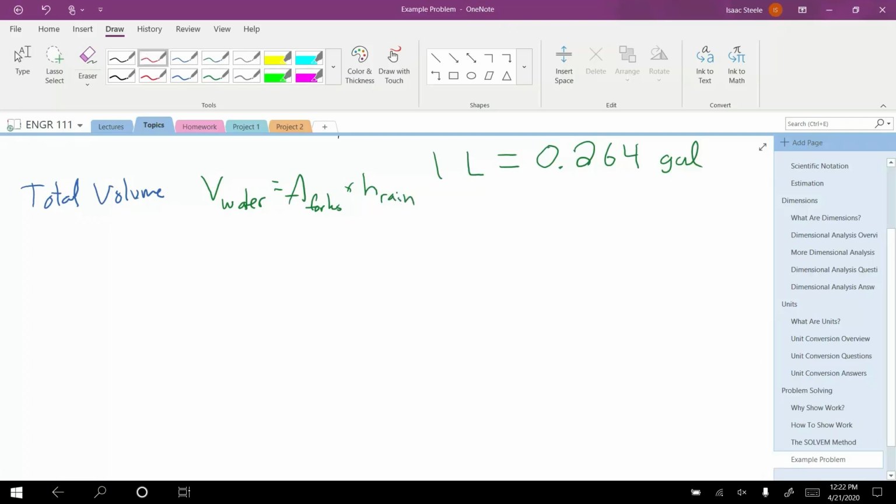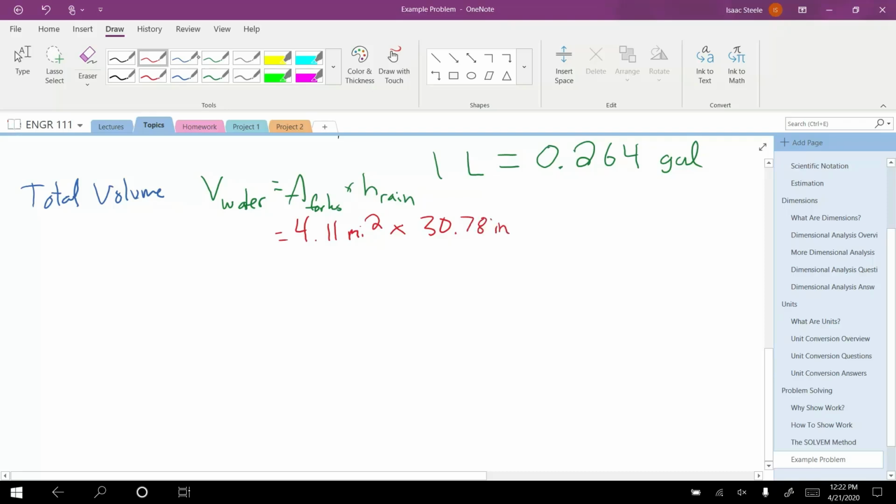And so when I plug values in, I'm going to get 4.11 miles squared times 30.78 inches.